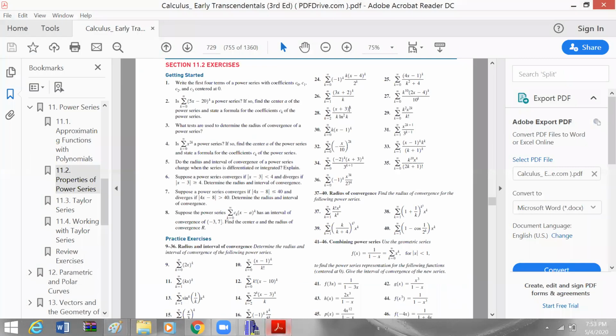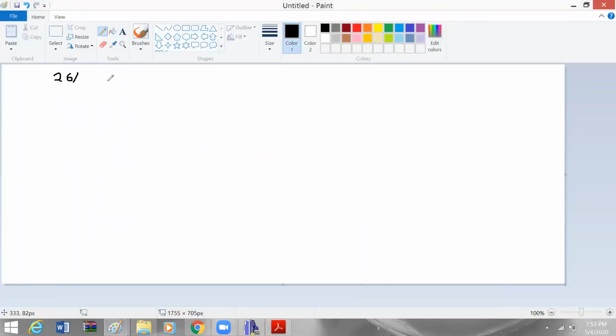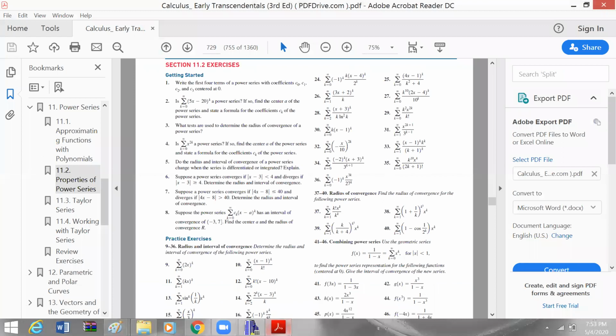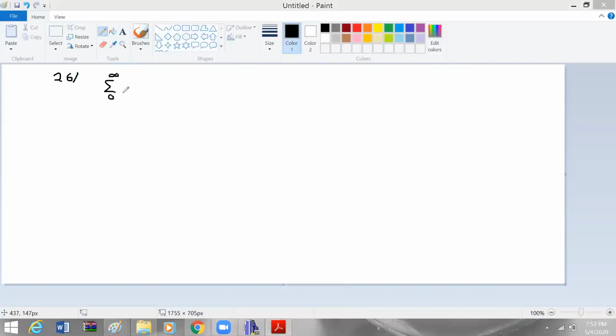So question number 26 was the summation from 0 to infinity of 3x plus 2, raised to the k power, over k.